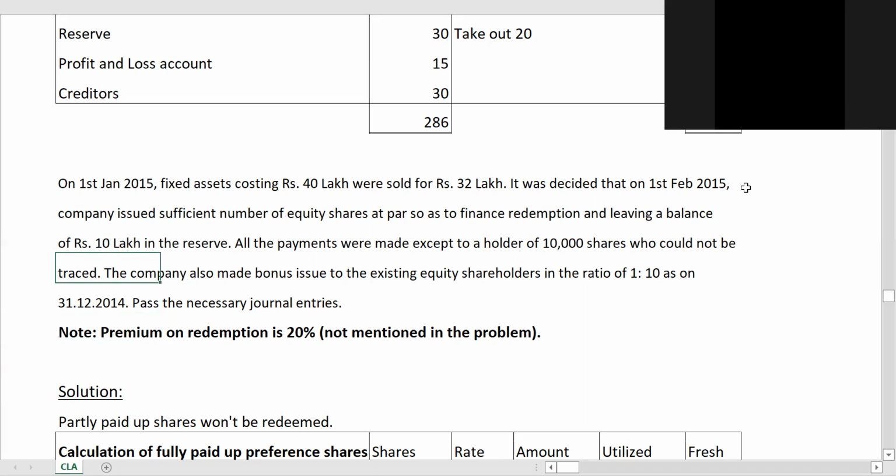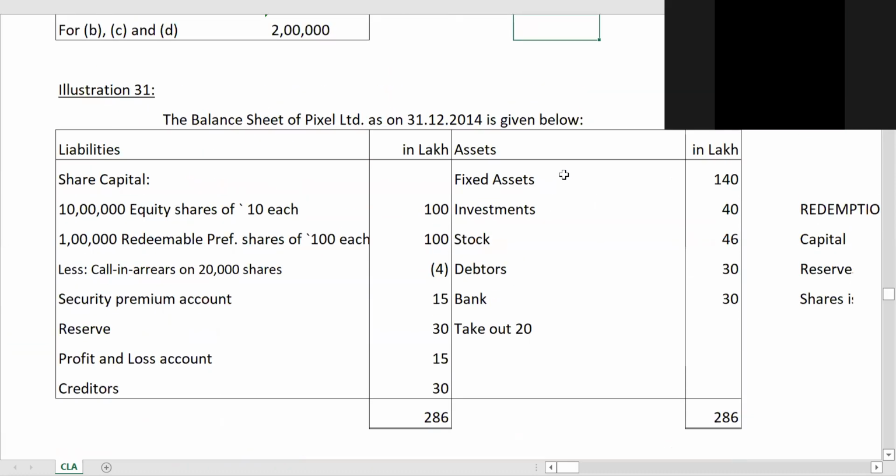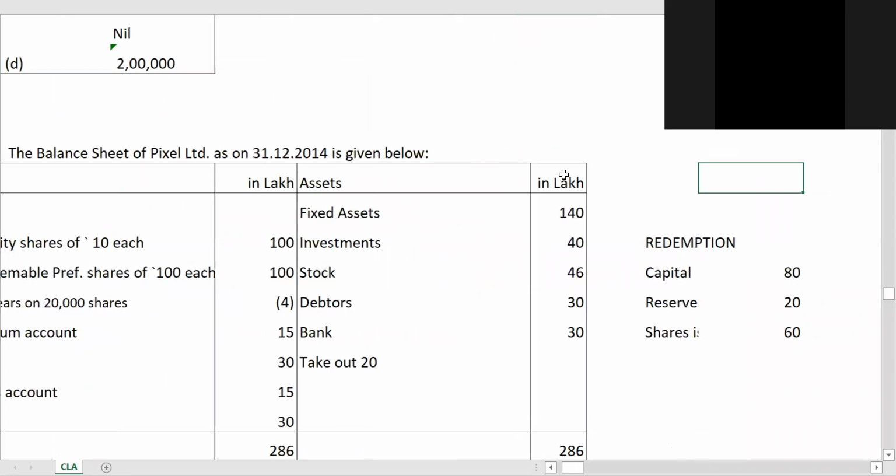Chalo, and one last thing here in this problem I'll tell you is कि जो premium on redemption है, there is a premium on redemption which is not given in this problem, but it is there actually. The solution has taken it, they haven't given it in the problem. There's a 20% premium on redemption. Now that you know the premium on redemption, let us first see how much money we need.